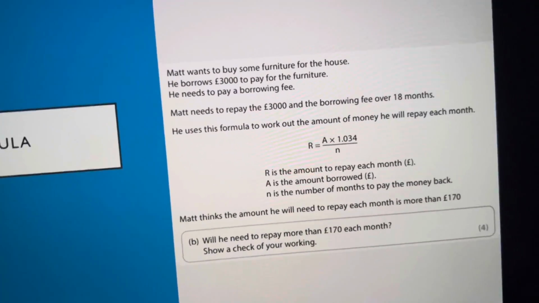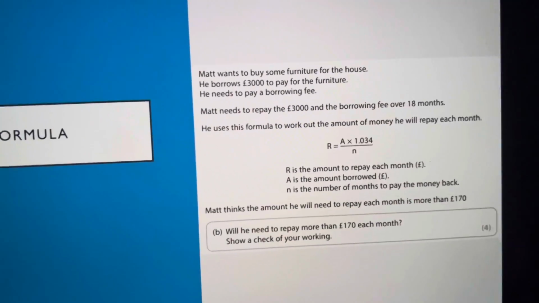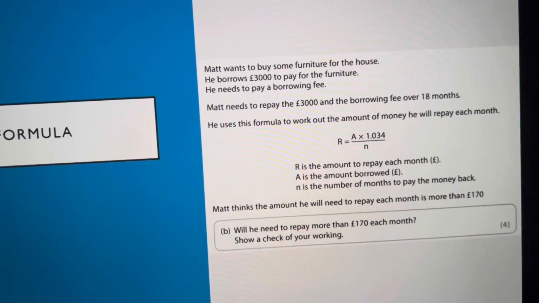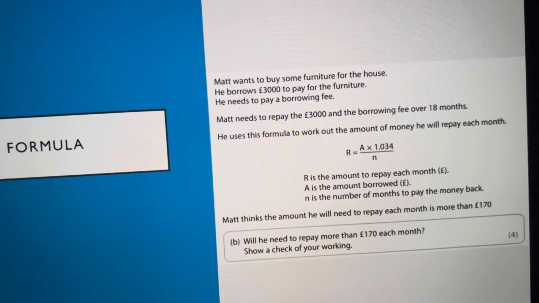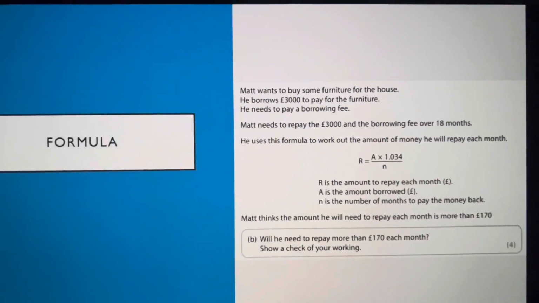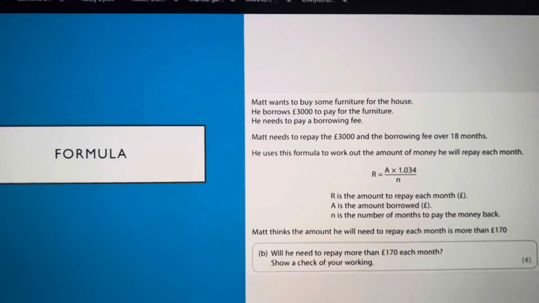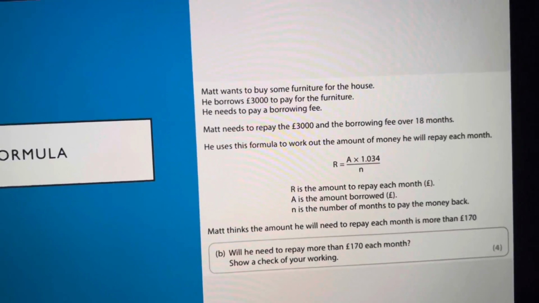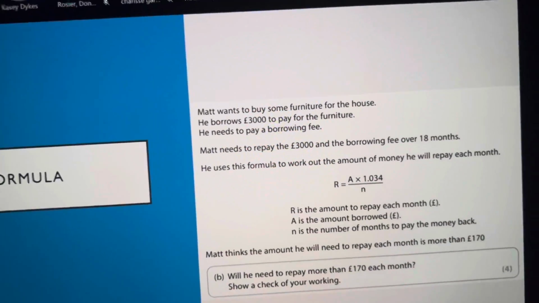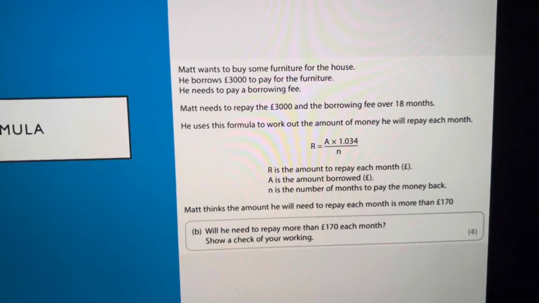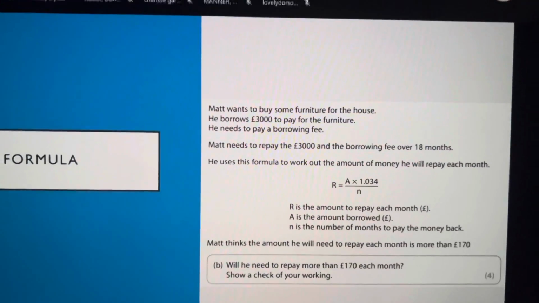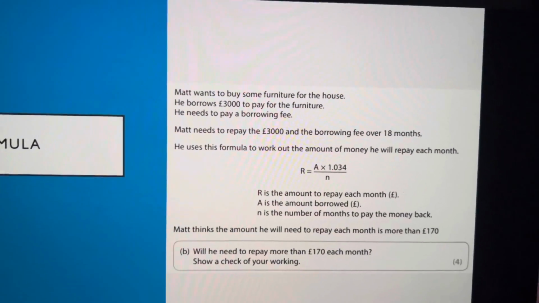So R equals A times 1.034 over N. R is the amount of money he's repaying, so that's what we're looking for. A is the amount of money he borrowed, and N is the number of months that it will take him to pay the money back. He thinks that the amount of money he will be repaying each month is more than £170. We need to find out if that's true and then show a check of your working.